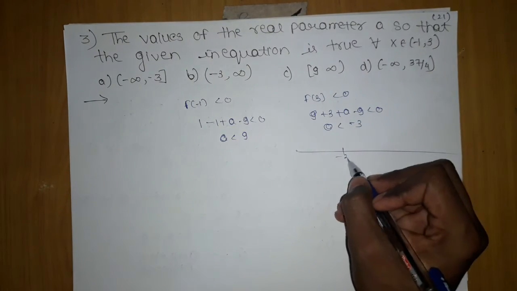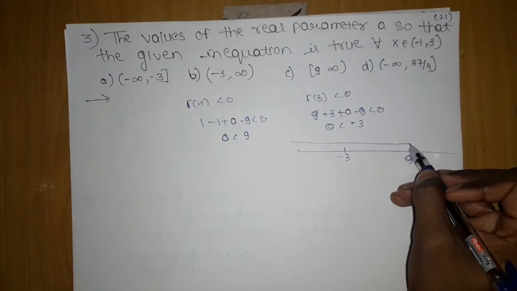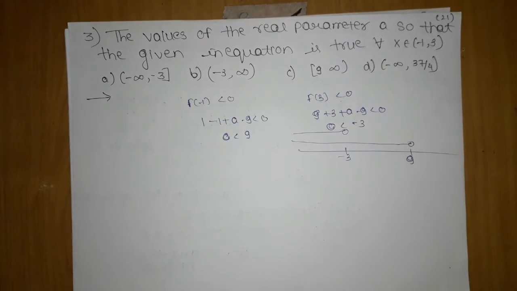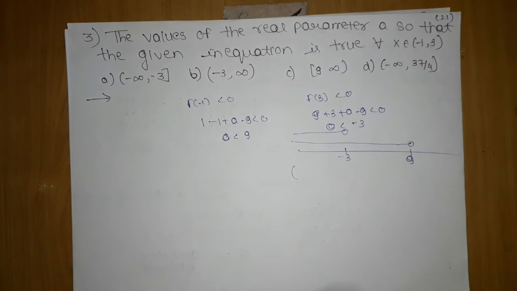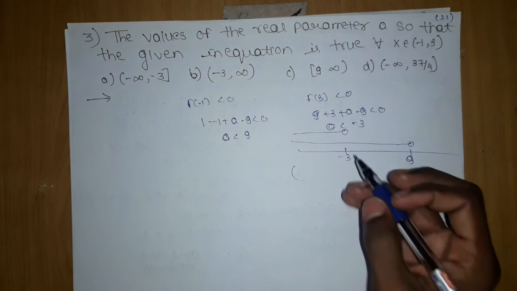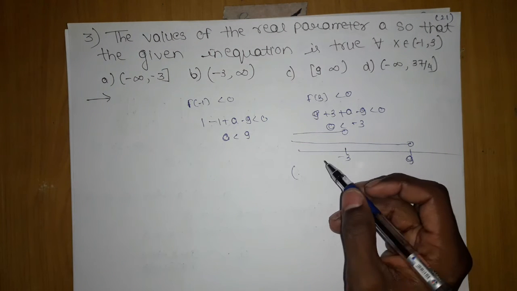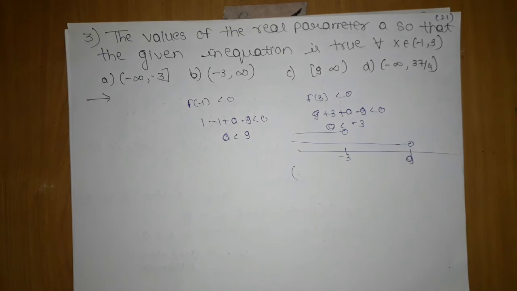Let's just draw the wavy curve. -3, here it is 9, and it is telling it should be less than, not included. It should be from this and this. What do you get from this? It should be from minus infinity to -3. But these points are not included.